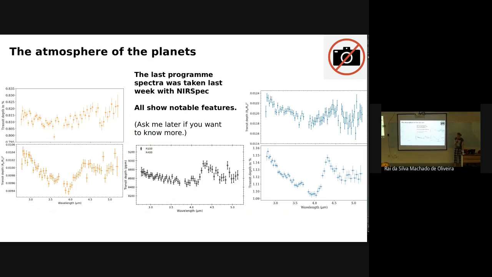If we look at these, every dot here is not a single measure, it's not the most narrow slit that we could have. It's actually a binning of slits next to each other.